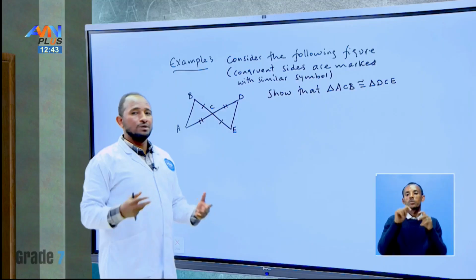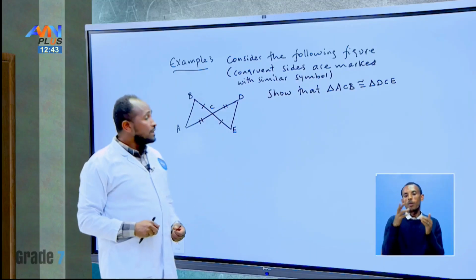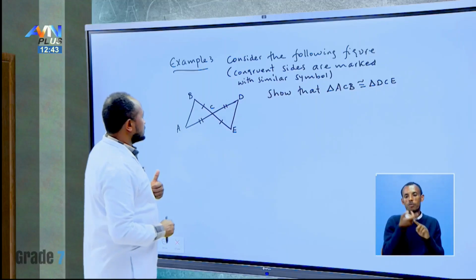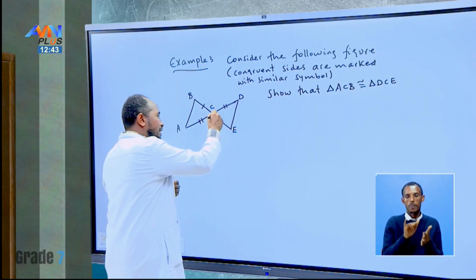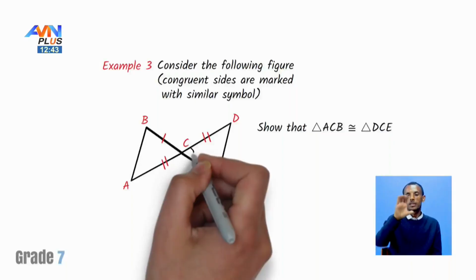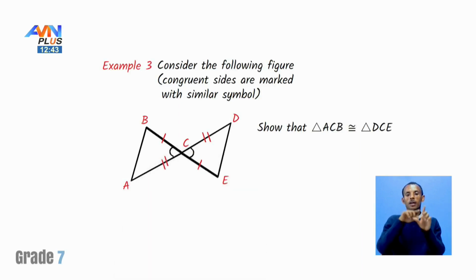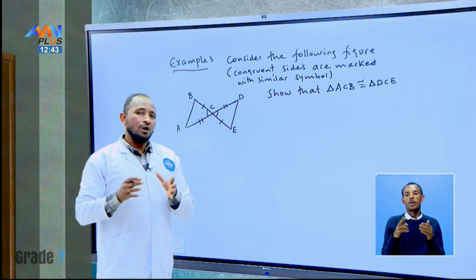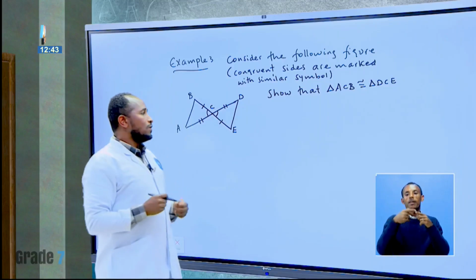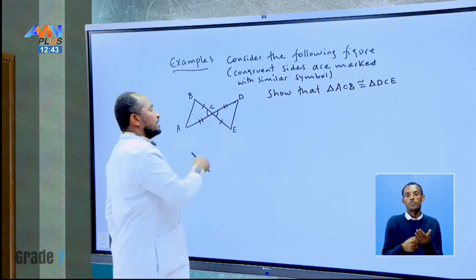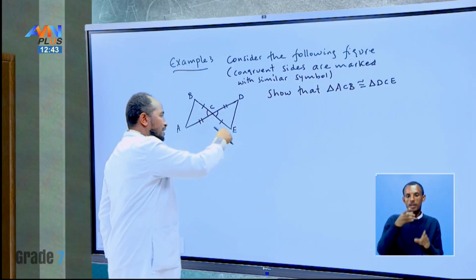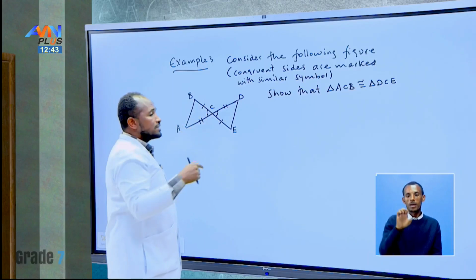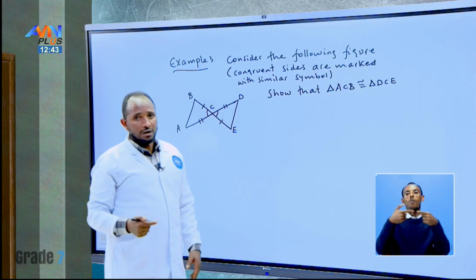We need additional information. Here, from the picture, you can see that this angle and this angle are congruent, and we call them vertically opposite angles. So, additional information, angle ACB is the same as angle DCE since these angles are vertically opposite angles.